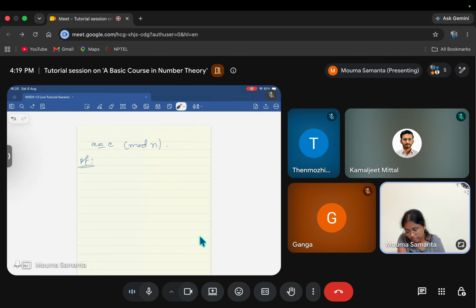Okay, let's prove it. The given statement was ab congruent to cd.